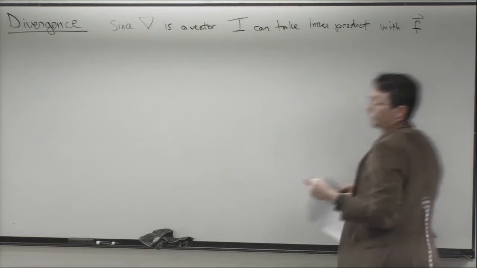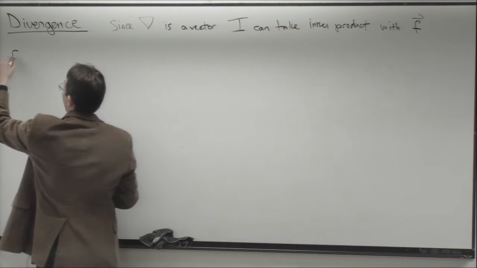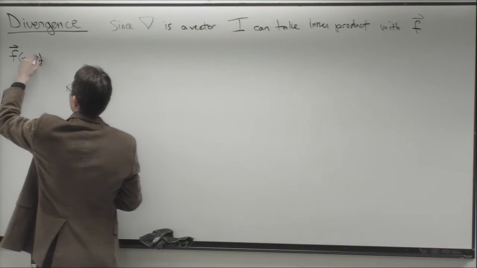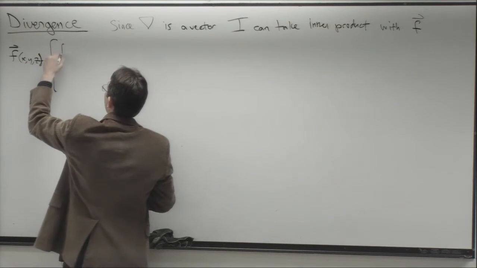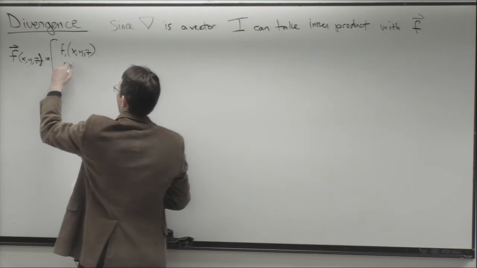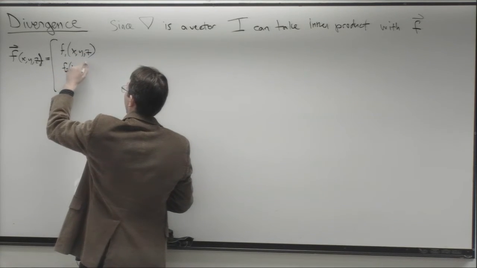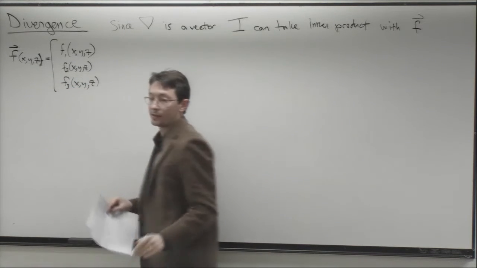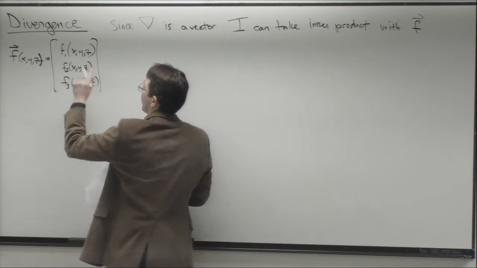with a vector f. Okay, so let's say that I have my vector f of x, y, and z, and it equals f1 of x, y, and z, f2 of x, y, and z, and f3 of x, y, and z. Okay, so now I have a more complicated function.